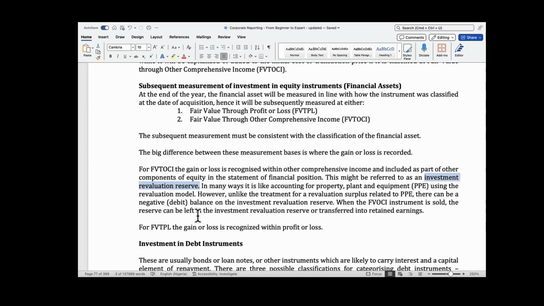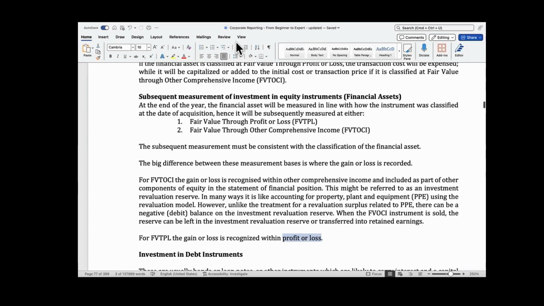But if it is fair value through POL, the gain is recognized within profit or loss. So you take the gain to profit or loss straight on. That's the big difference between the two. And I want to believe that you all understand that when you buy shares, you can obviously make a gain.